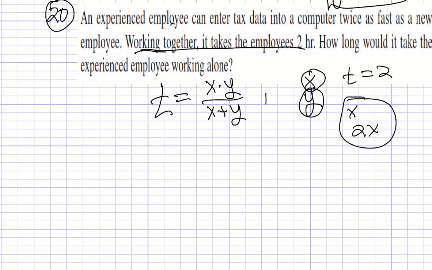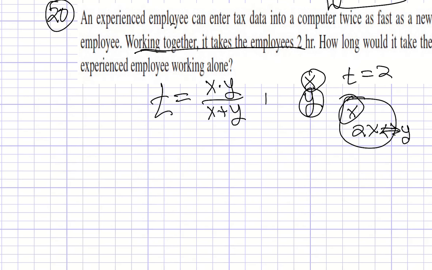That's what that means, man. You get that, right? 2X is equivalent to Y. You understand that, right? So basically, we're looking for X, what it would take the experienced worker. So make sure you understand that.